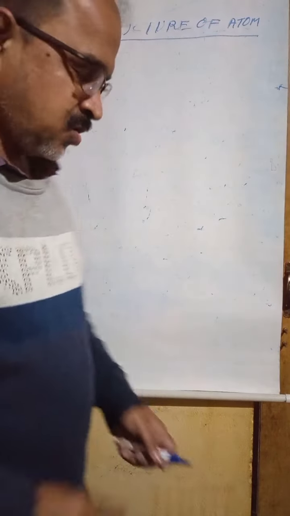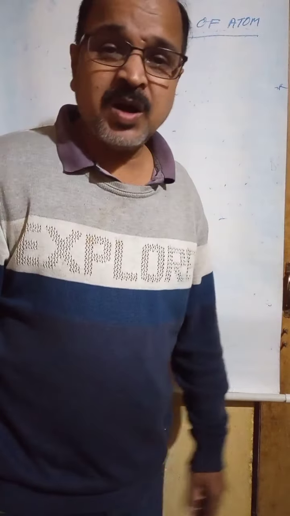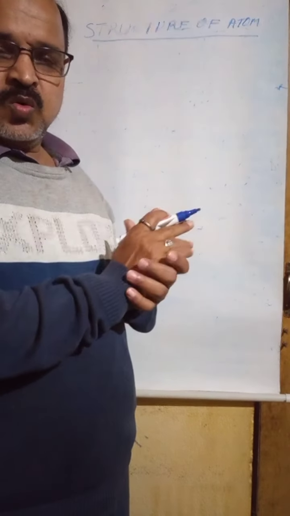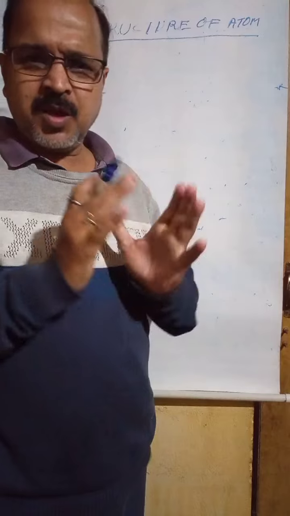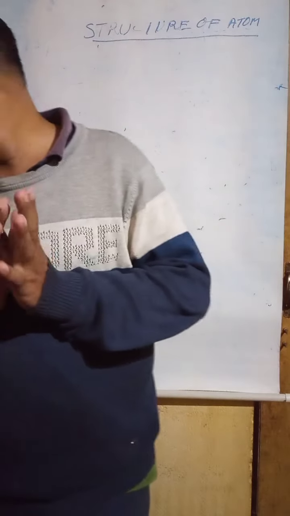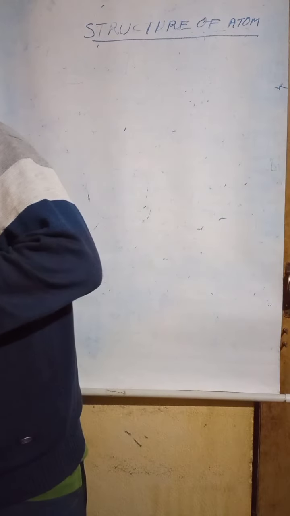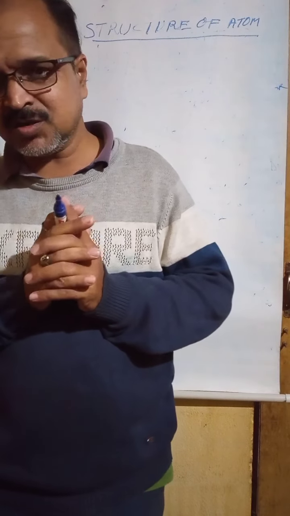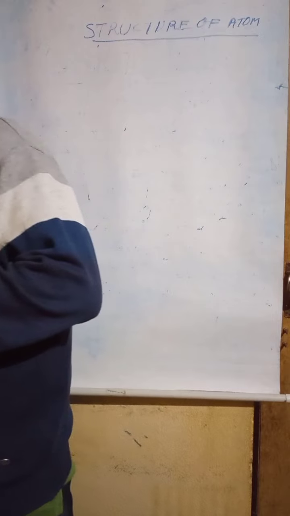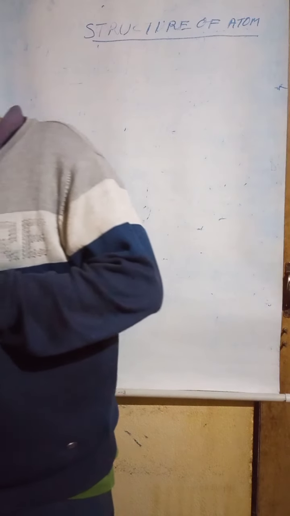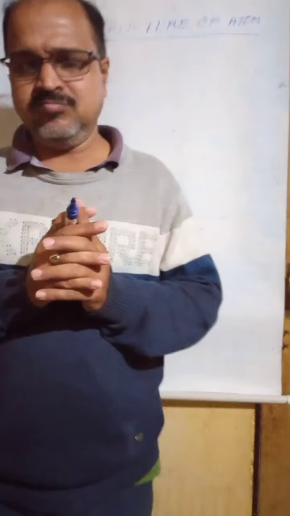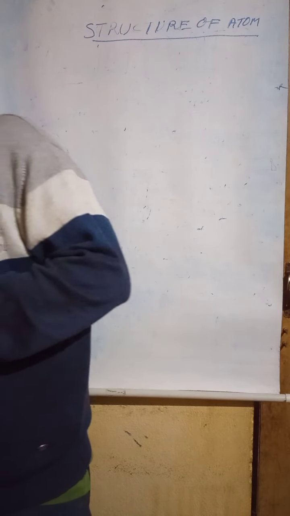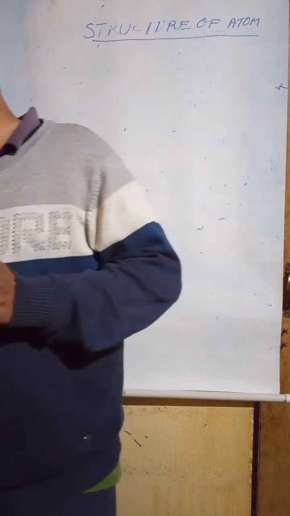Now the next scientists later found a constituent called the electron. J. Thomson, in the 19th century, found that there is an electron inside atoms.